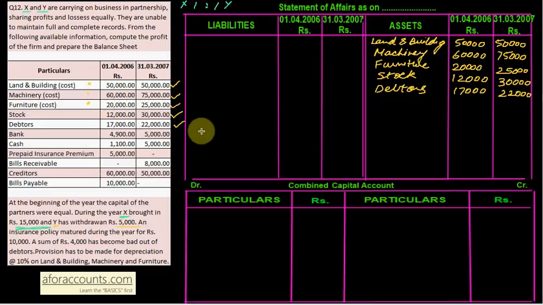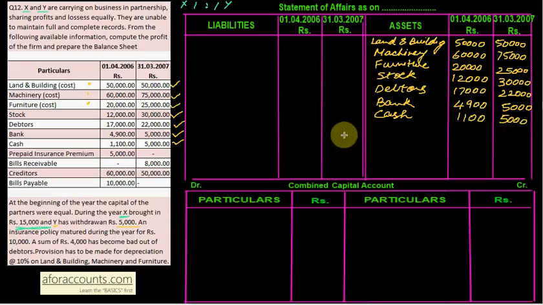Then bank, 4,900 and 5,000. 4,900 is your bank and 5,000. Cash 1,100 and 5,000.